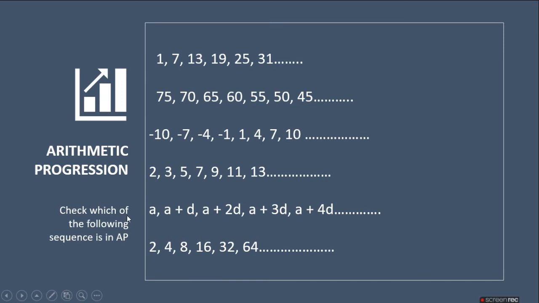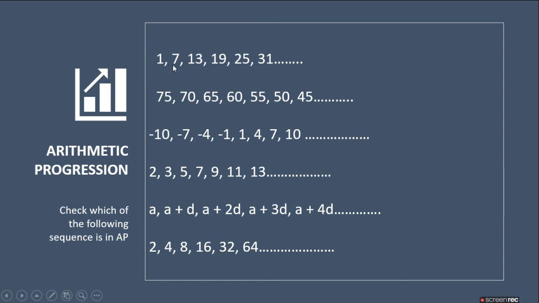Next we can check which of the following sequences is in AP. Consider the list of numbers 1, 7, 13, 19, 25, 31, etc. If there is a common difference between all consecutive terms, then we can say that it is in AP.